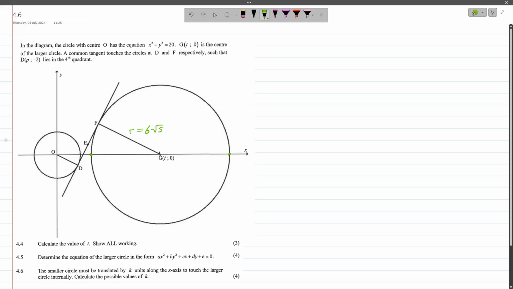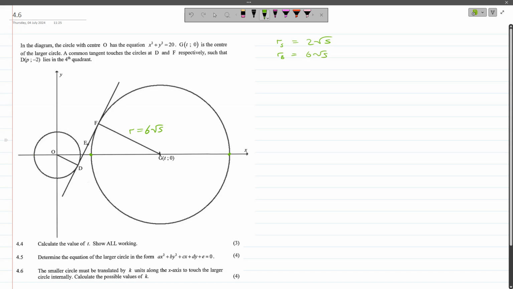And 20 minus 6 root 5 and then plus the 2 root 5 of the current radius of the smaller circle. So the smaller radius, I'm going to name it RS, which will be 2 root 5 or root of 20. And then we have R big, which is 6 root 5.